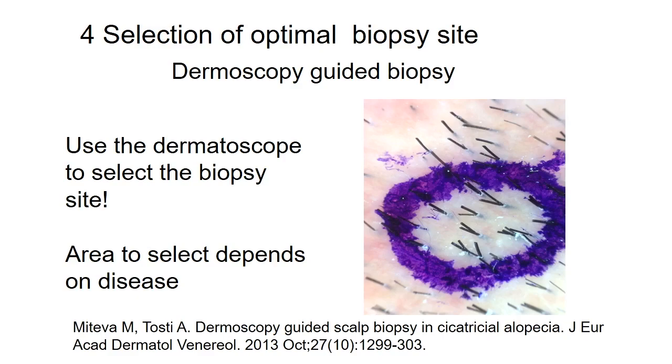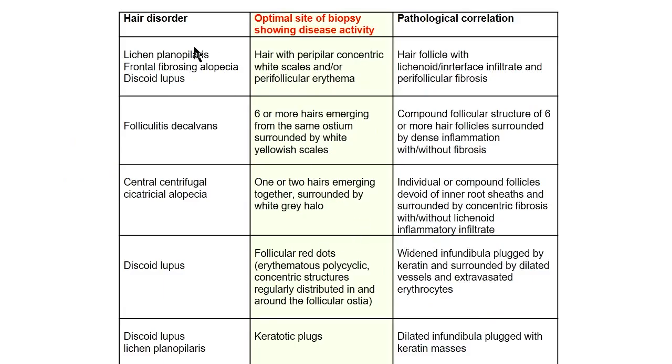Especially in case of hair transplantation, you really want to assess inflammation, so you really need to do that properly. The area to select depends on the disease, and here is a list of features that you have to look for. In lichen planopilaris, frontal fibrosing alopecia, and lupus, when you have the peripilar cast, this is the right place to biopsy.